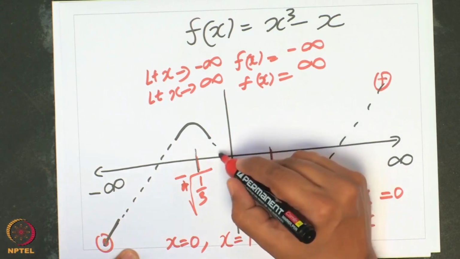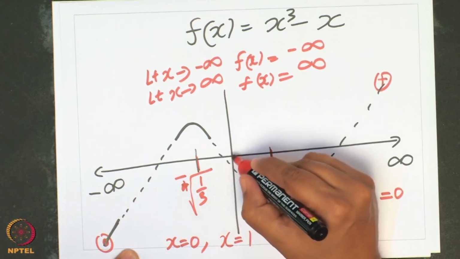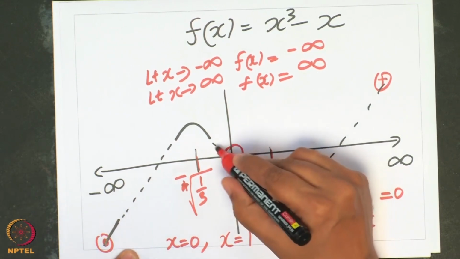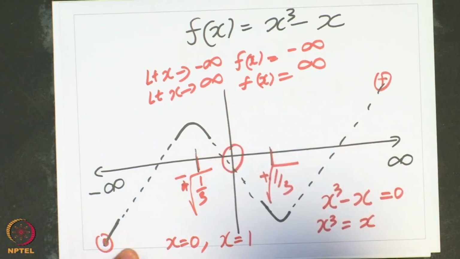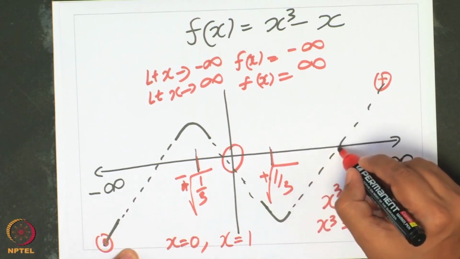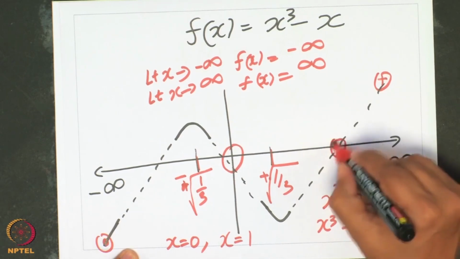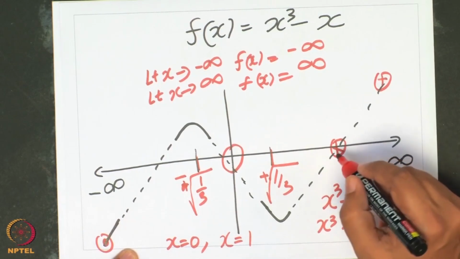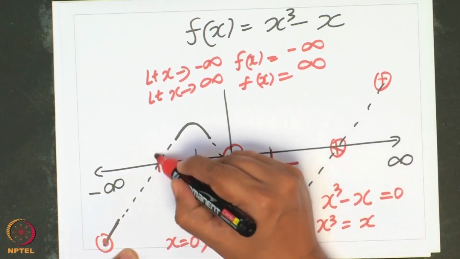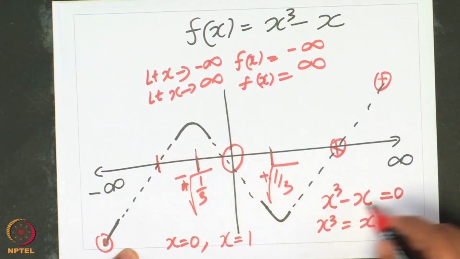So, what I have drawn here is not fully correct, because this has to cross at 0. The function will hit 0 at 0. Then it will hit at 1. This point is likely to be 1, and it has to hit one more place, because it will have 3 roots.